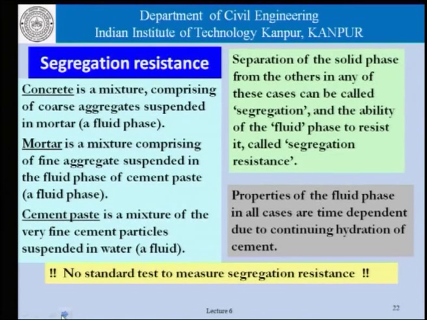So, as far as concrete is concerned, for example, if the mortar moves forward leaving all the coarse aggregate behind, we say that the concrete does not have adequate segregation resistance, because the fluid, that is mortar, is not able to resist the separation of the coarse aggregate from it. Similarly, we can talk in terms of segregation in mortar, and in the case of cement paste, segregation really boils down to the separation between water and the cement particles.